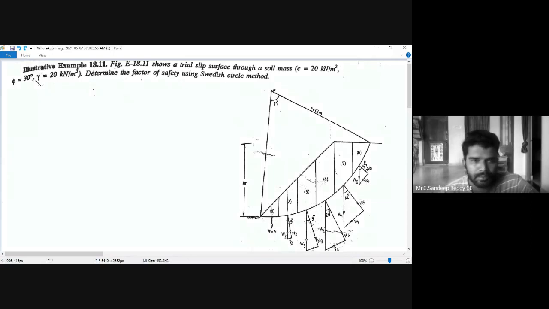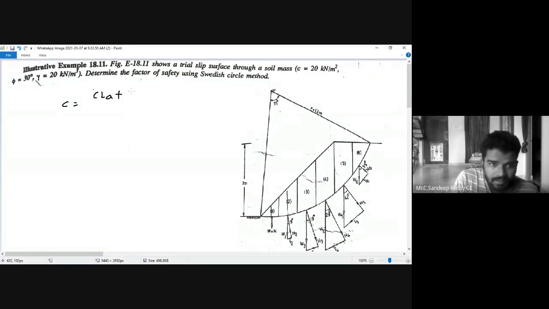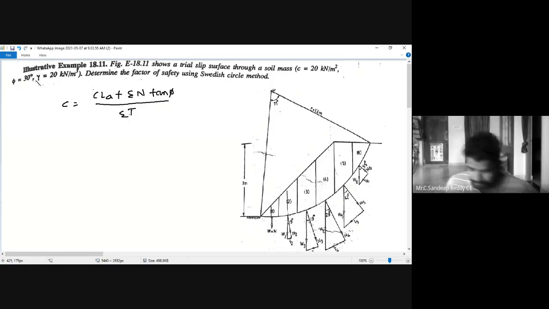Right? To find out, we have the standard formula to find the factor of safety. That is Fs is equal to (CLa plus summation of N tan phi) whole by summation of T. Right?